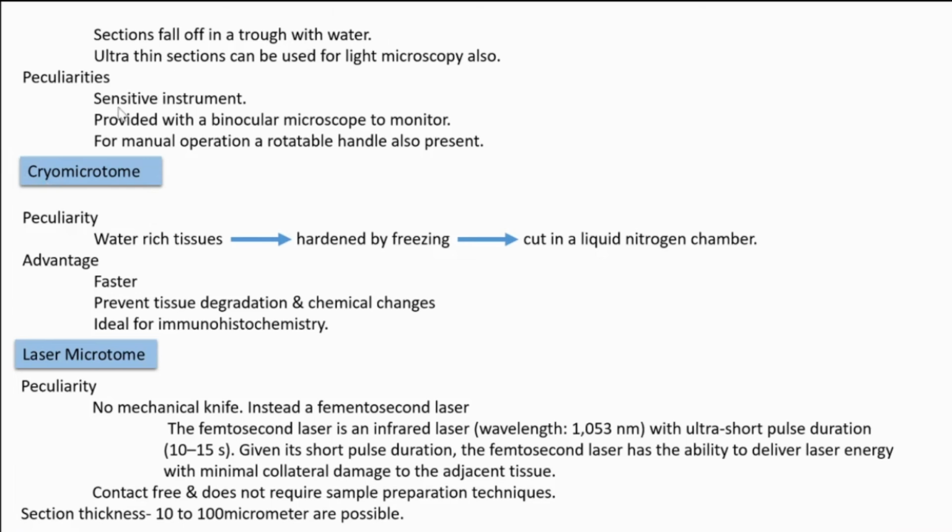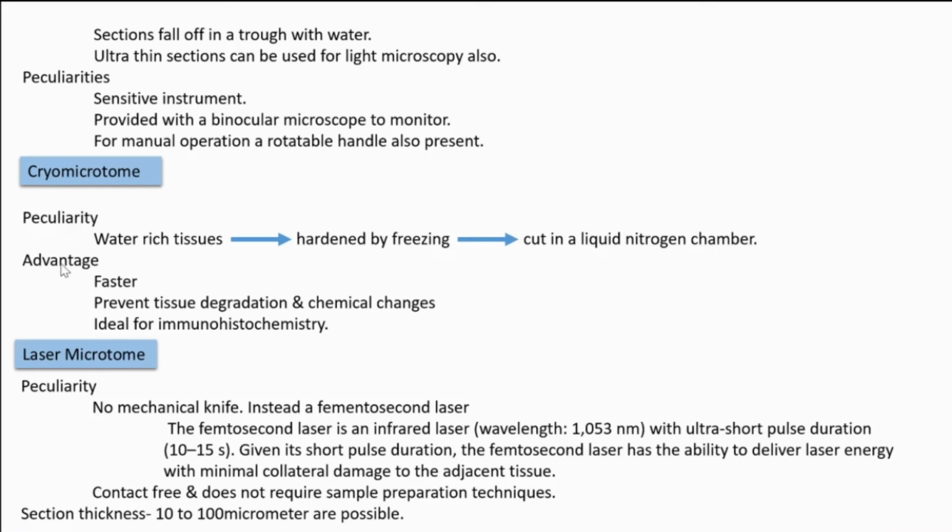So what is done here in the cryomicrotome? They are mainly used in the case of water-rich tissues. Such tissues are first frozen and hardened, and after hardening, they are cut in a liquid nitrogen chamber.